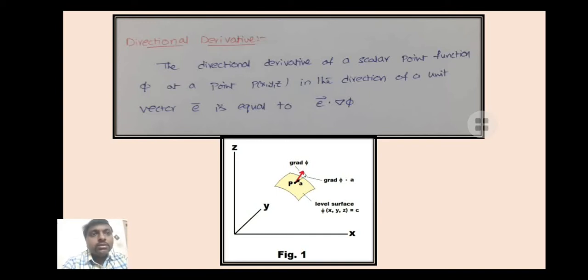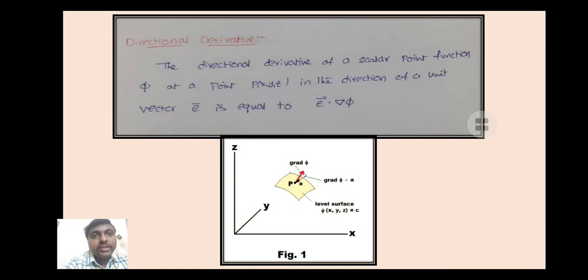See here, the directional derivative of a scalar point function phi at a point P(x, y, z) in the direction of a unit vector E bar is equal to E bar dot del phi.